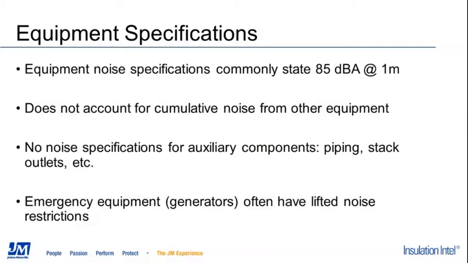And so you often will need to take into account the fact that you have multiple noise sources in close proximity, and then look at other mechanisms for addressing the noise issue and being compliant, where the individual pieces of equipment may comply, but in total they may not.